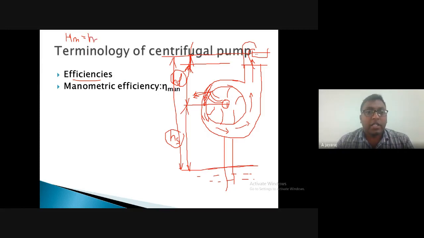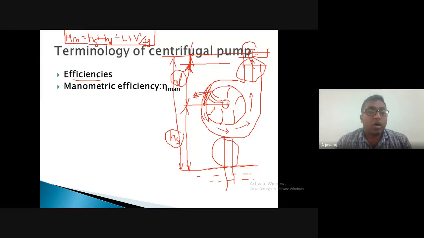It has the suction head plus delivery head plus the losses. When we say losses, these are the losses that occur on the suction side as well as on the delivery side, maybe frictional losses or losses because of bends, etc. Those losses and the velocity component, that is the velocity with which the water has to be supplied, will also be taken care of by this manometric head. This is the total head that the pump has to supply in order to satisfy its requirement. So that was called the manometric head.